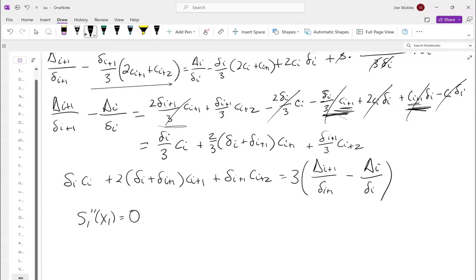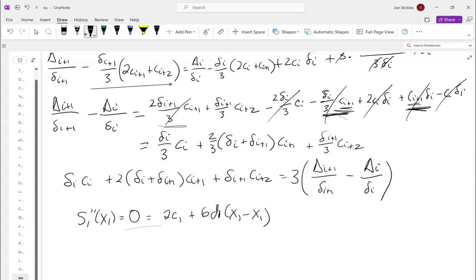Now remember, your second derivative looks like 2c sub i plus 6d sub i times x minus x sub i, right? Oops, I wrote d sub i and I mean a 1. We're doing the first function, right? My i is 1, correct?